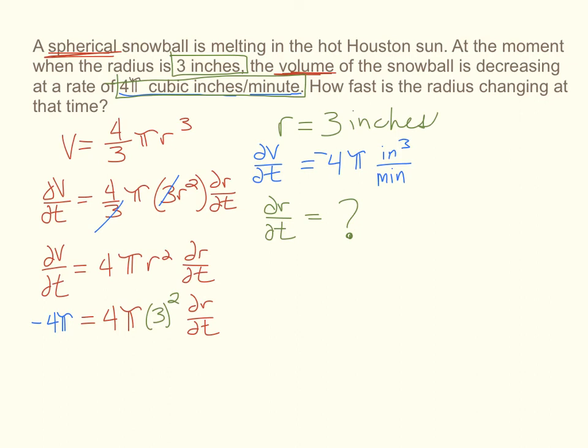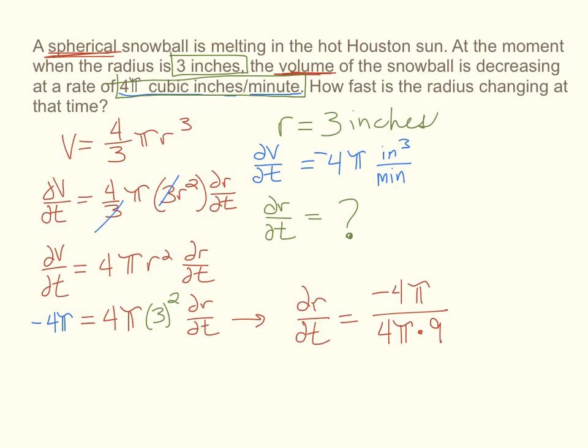Now to solve for dr dt back in our equation, we just need to divide both sides by 4 pi times 3 squared. When you do that, you get that dr dt is equal to negative 4 pi over 4 pi, and 3 squared is 9.